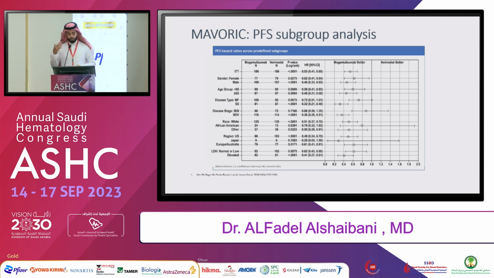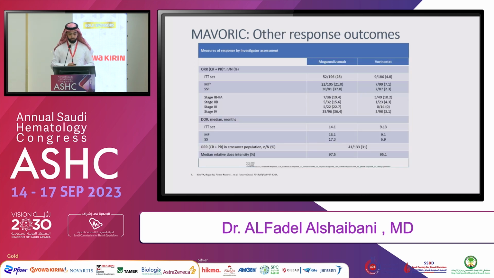You see responses whether this is mycosis fungoides or Sézary syndrome, and of course, the more advanced the stage of the disease, the higher the response. Looking at the overall response rate, mogamulizumab was around 30% compared to around 4%, and this is higher as you go, so stage 4 disease is actually around 40%.